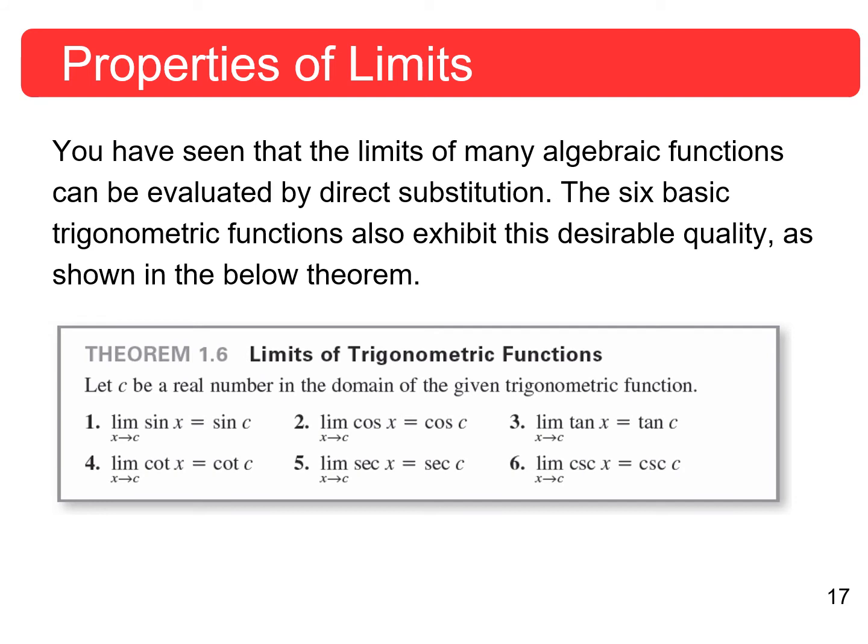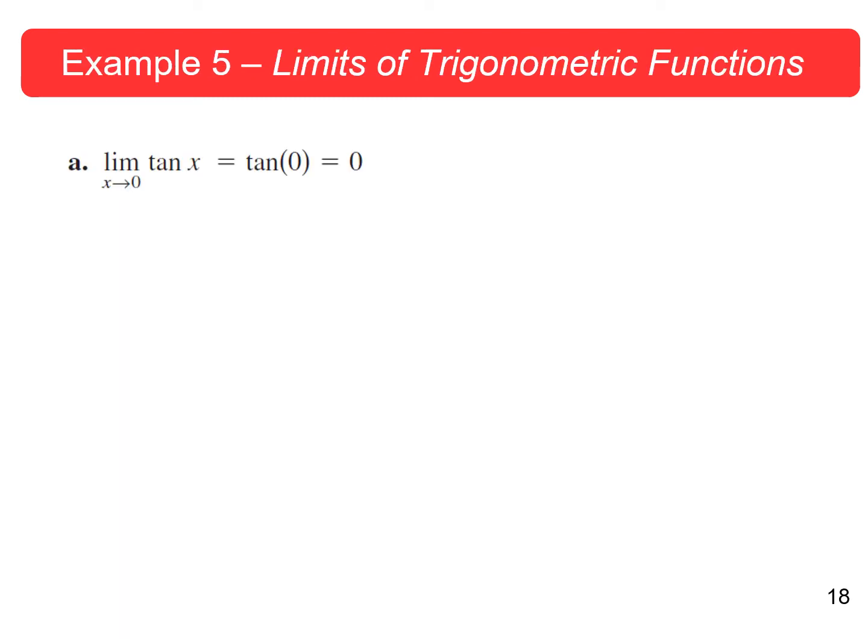So all of the 6 basic trigonometric functions exhibit the quality that the limits of these functions can also be obtained by using direct substitution method. So therefore, if we are going to evaluate the limit of tangent of x as x approaches 0, that is equal to tangent of 0, and tangent of 0 is just equal to 0.